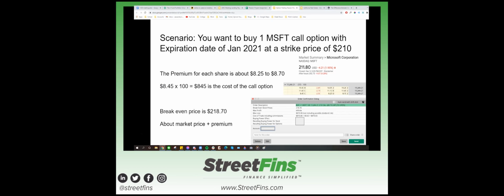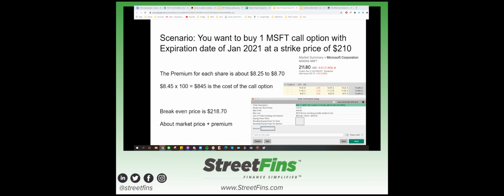Okay, now I'm going to walk you through a call option scenario. So let's say you want to buy one Microsoft call option and it expires January 2021 and the strike price is $210. If the expiration date is January, that would be January 15th because options expire on the third Friday of the month.